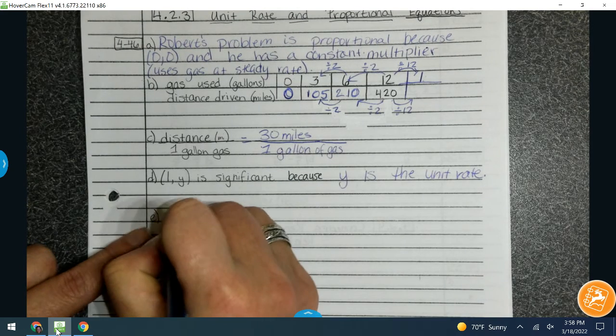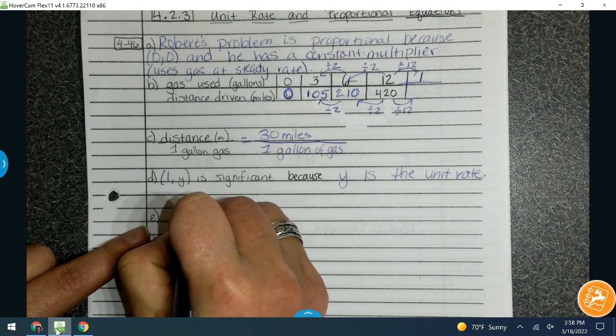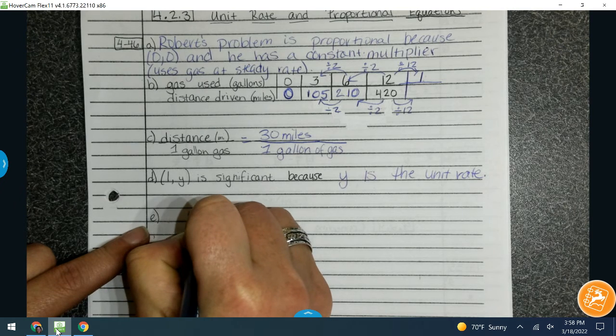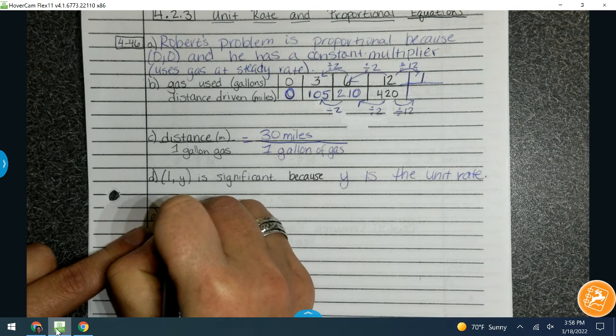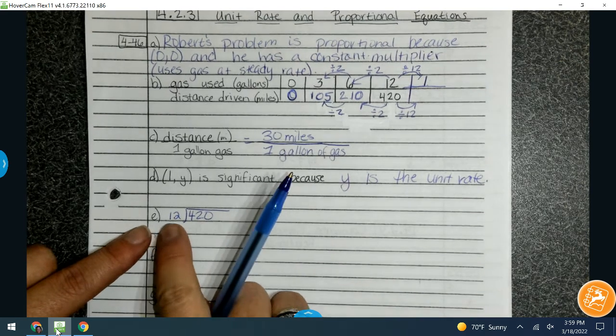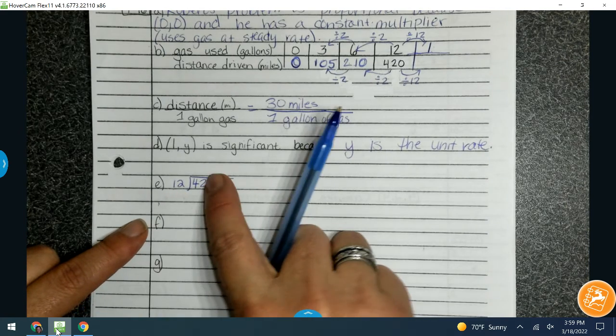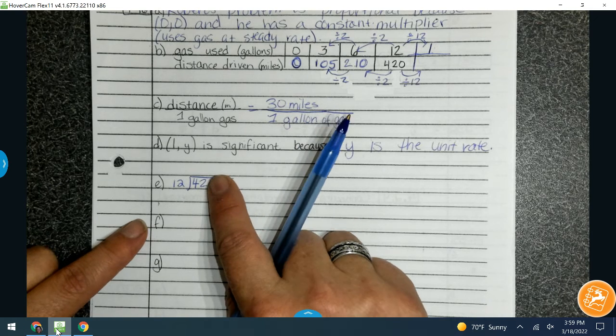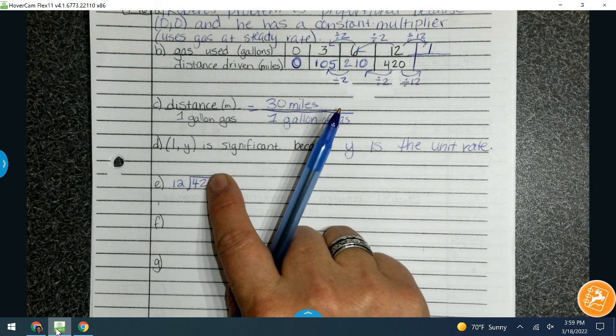So I have my dividend and my divisor. I'm going to find my quotient. So I have 12 down here. So I'm asking how many 12s are in 42.